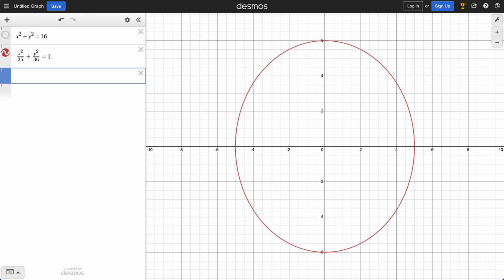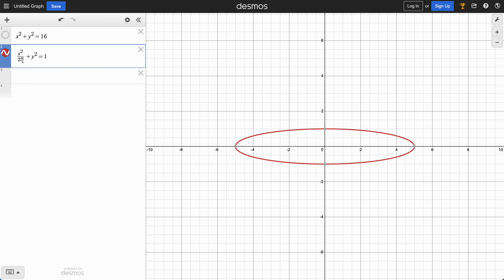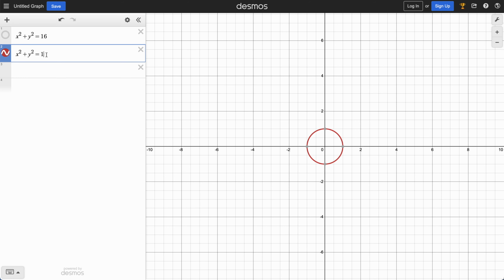Now, what do I do if I'm graphing an ellipse and the book gives me something like, let's say, this? This looks like a circle, so I have it equal to 16. Notice that I don't have division happening here, so I don't have something that's creating an ellipse. I wouldn't need to divide everything by 16 to try and make this look like an ellipse because it's a circle.